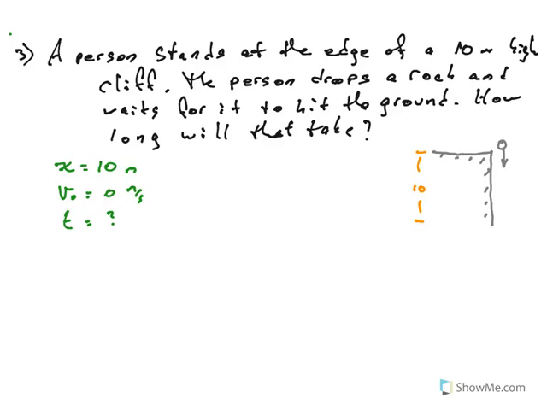Or if you're moving upwards, it slows you down until it can speed you up downwards. Okay? So when we talk about gravity, it's always as an acceleration. And here's the thing. Gravity is always downwards with a value of 9.8 meters per second squared.